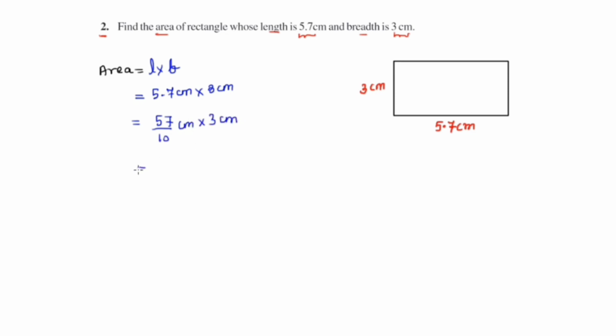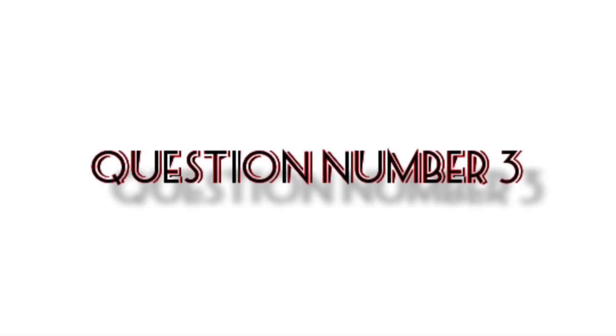So multiplying the numerator, we will get 171 centimeter square upon 10. Since we have only one 0 in 10, putting the decimal before one digit, the area of the rectangle will be 17.1 centimeter square. In this way we will do this question.